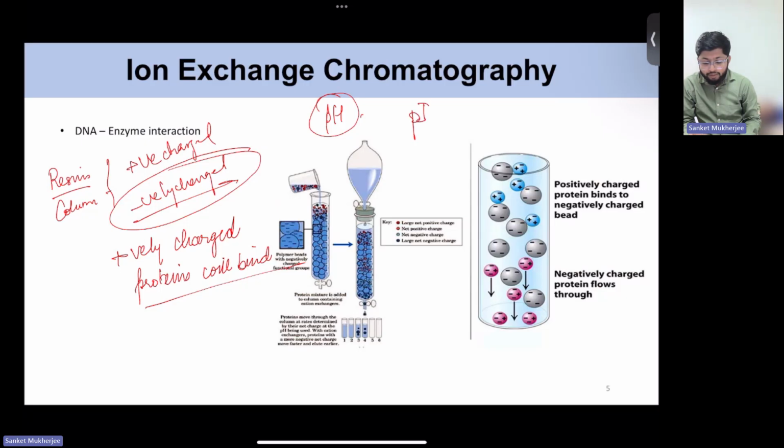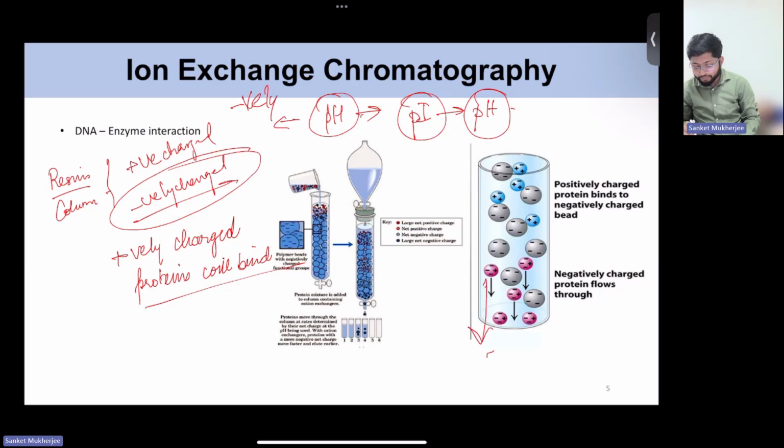For a protein, there is something called the isoelectric point. This isoelectric point is the pH at which the protein has a net zero charge. Now, based on this, if we lower the pH or increase the pH, we can get the protein more negatively charged or positively charged. So the ones with a net positive charge will bind, and the ones which have a net negative charge will flow through.